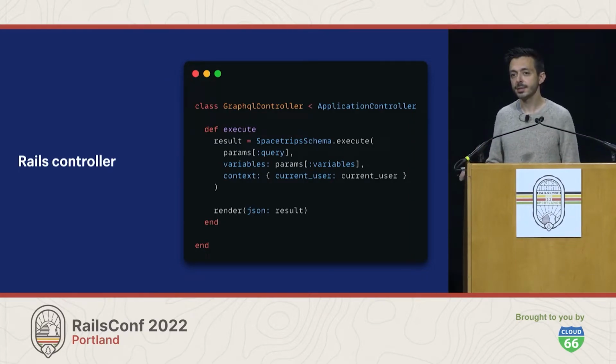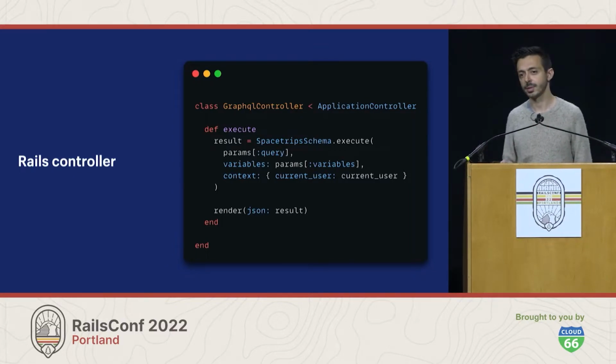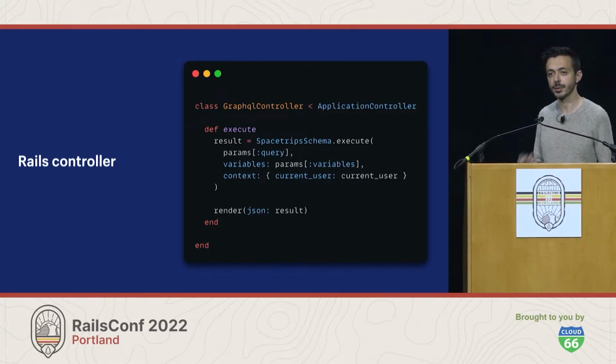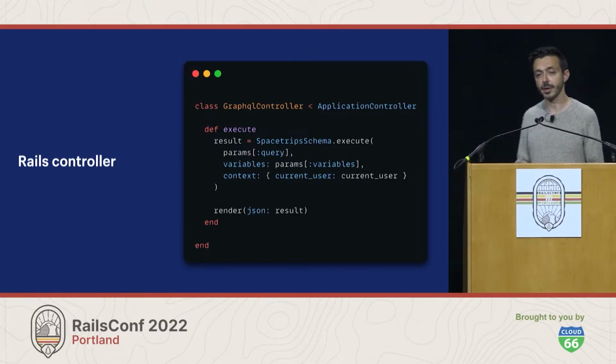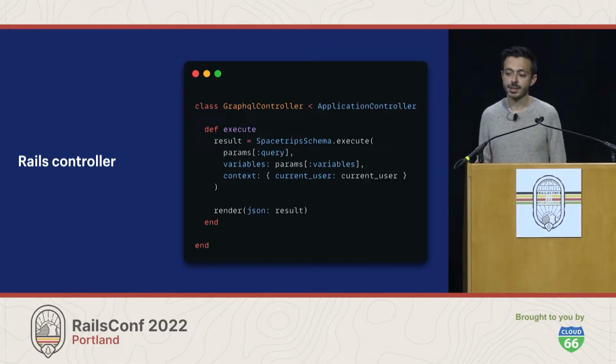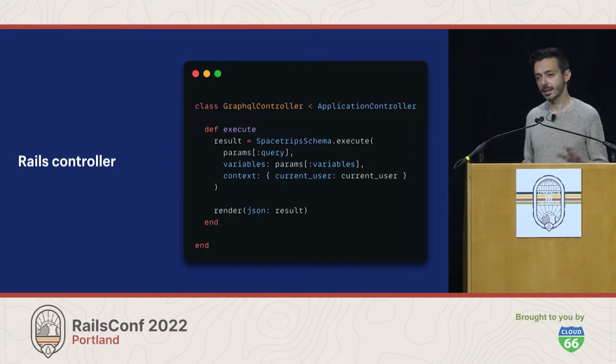And on the server side, we have a controller here that calls the schema and executes the query. And for the execution, we need to provide the query name, the variables, and also the context. Context here is very important. Context is defined by the application.